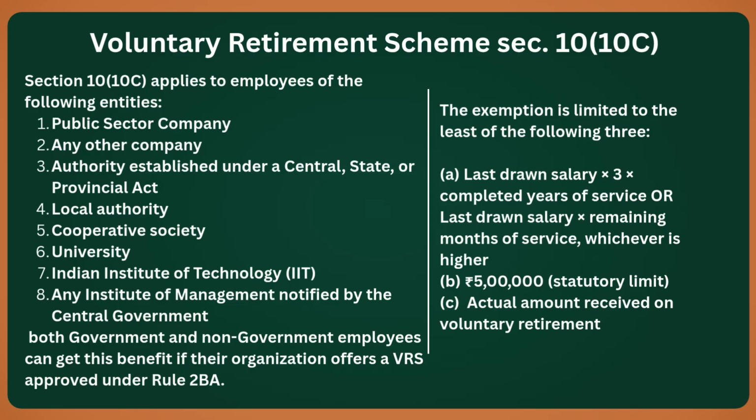The exemption is limited to the least of three amounts. First, last drawn salary multiplied by 3 and then by completed years of service, or last drawn salary multiplied by remaining months of service, whichever is higher. Second, 5 lakh rupees, which is the statutory limit. Third, the actual amount received on voluntary retirement.